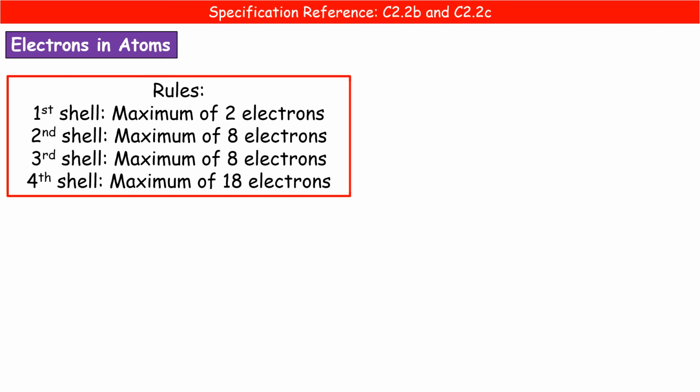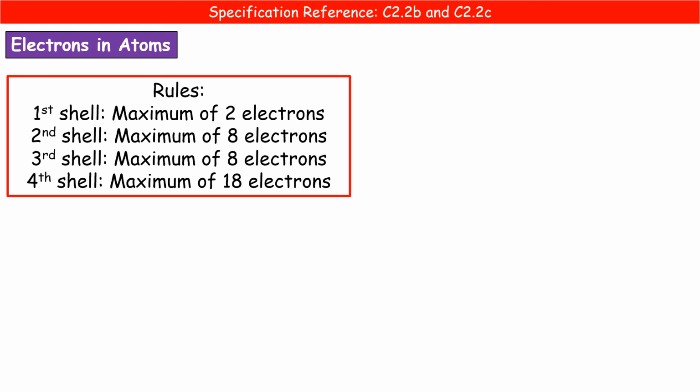They could potentially ask you to draw one of these little electronic structures. So they could obviously get you to look it up on the periodic table. They could tell you in the question that it has an atomic number of 7 and ask you to draw a dot and cross diagram to show this.